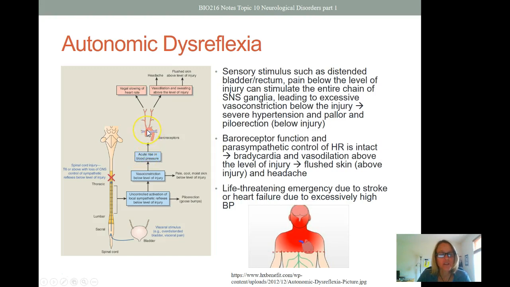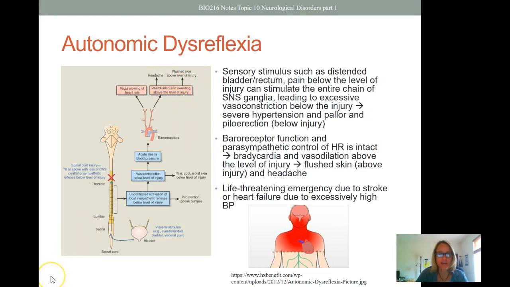That blood pressure is sensed by baroreceptors, which will activate the output of the vagus nerve, causing slowing of the heart. Above the level of injury, we will have decreased sympathetic outflow, causing vasodilation and sweating above the level of injury. And this can cause headache and flushed skin.